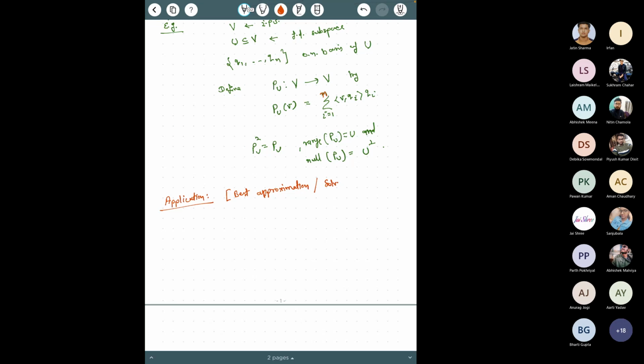Or you can consider this as solving a minimization problem. Let me write this first.